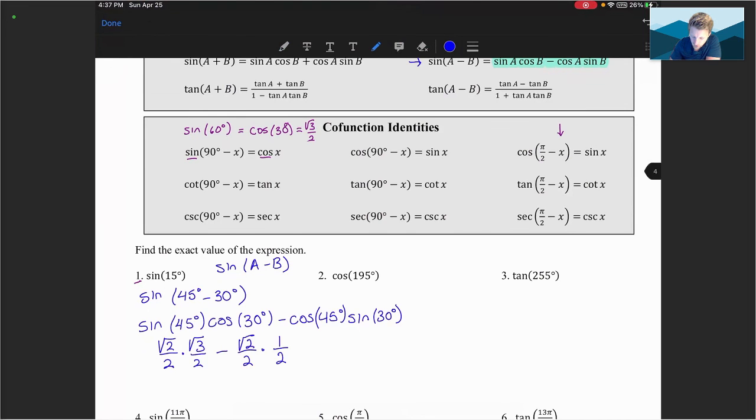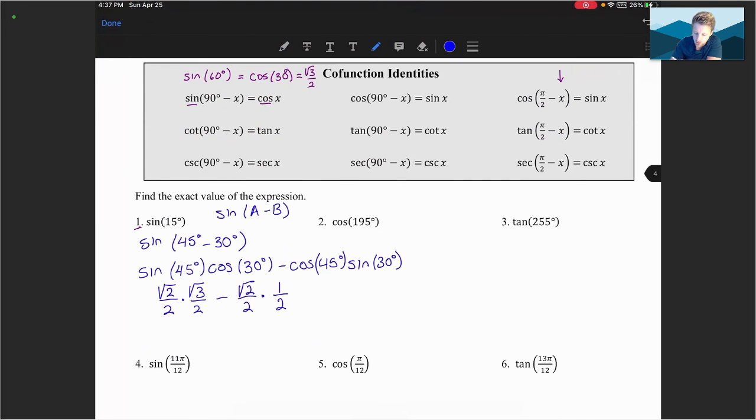And to finish it off, we'll just want to combine like terms. Looks like we'll have a product in both of these two places. So we'll have the square root of 6 in the numerator over 4 minus the square root of 2 over 4, which we can express as the square root of 6 minus the square root of 2 all over 4.